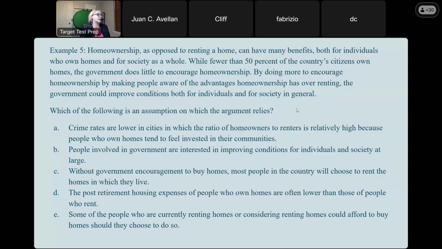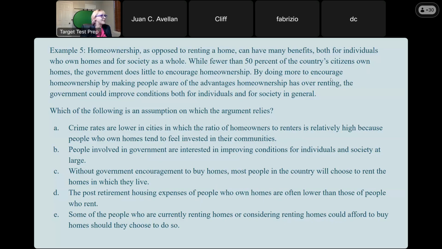Oh, okay. So for C, without government encouragement to buy homes, most people in the country will choose to rent the homes in which they live. Okay, so without government encouragement to buy homes, what if most people would not choose to rent the homes in which they live?